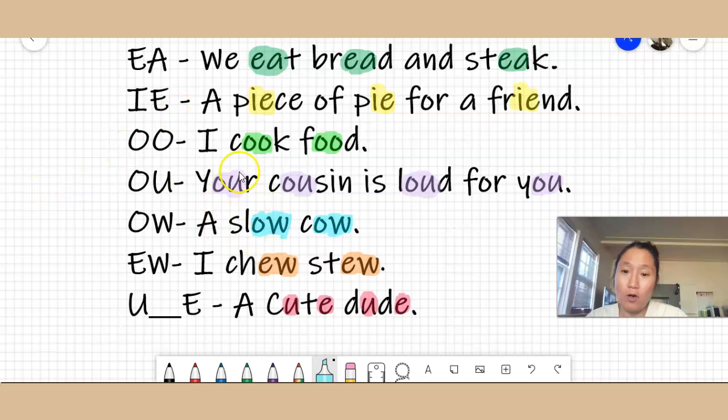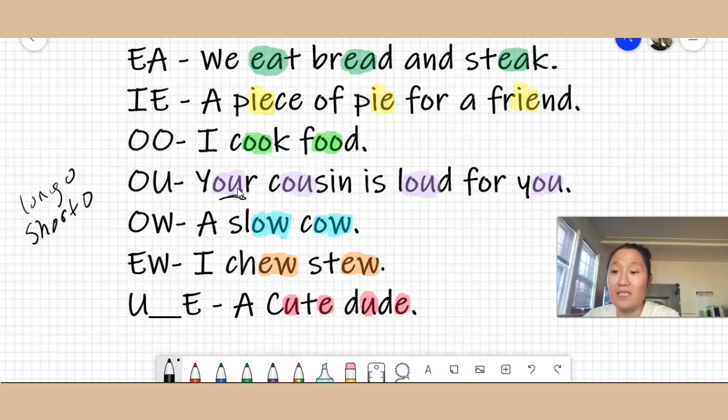In the word your, that is a long O. So you have a long O sound in your. Okay? Cousin is going to be a short O. Loud, ow, that's going to be the OW sound for OU.